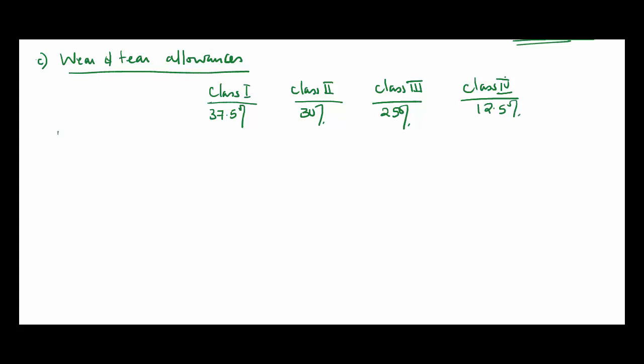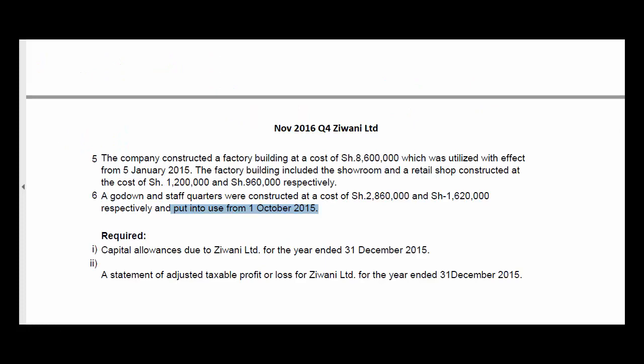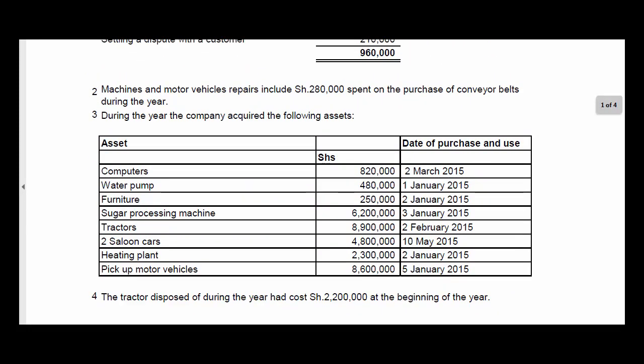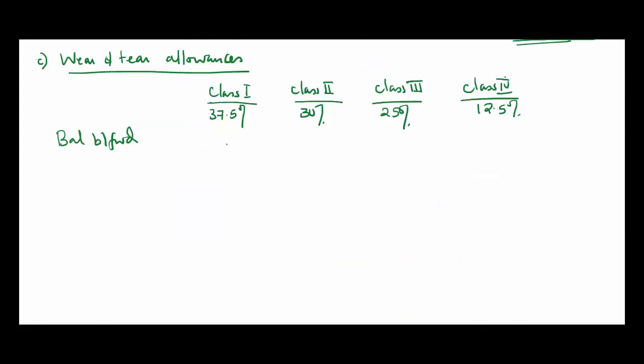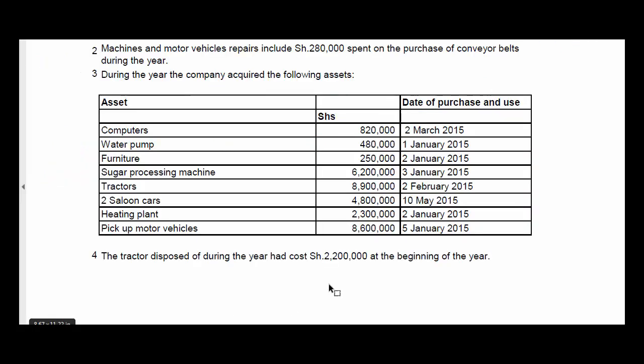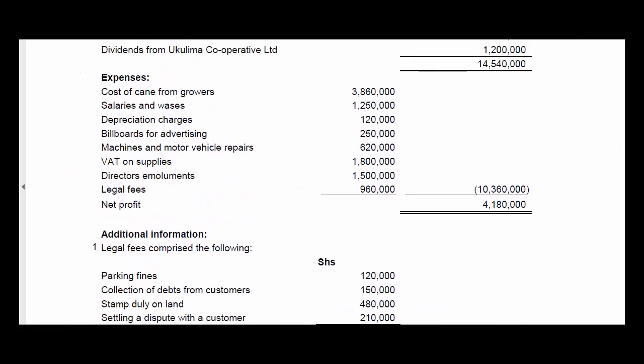So we always start with our opening balance. Balance brought forward. Did we have any opening balance? We don't have any opening, so we can see assets are being acquired during the year. Let's just start from the top.